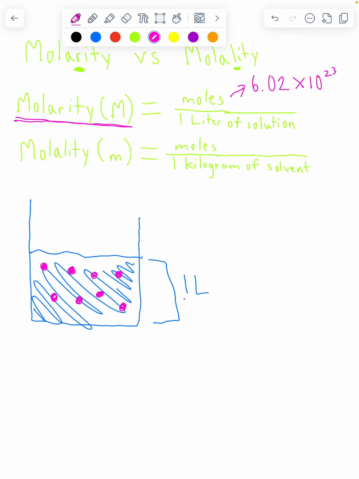So we're looking for how many moles were in 1 liter. Well, thankfully, we had 1 liter solution, so that stays the same. And I said I put in 6.02 times 10 to the 23rd molecules. So I put in 1 mole per 1 liter. So our answer is we have 1 molar glucose solution.